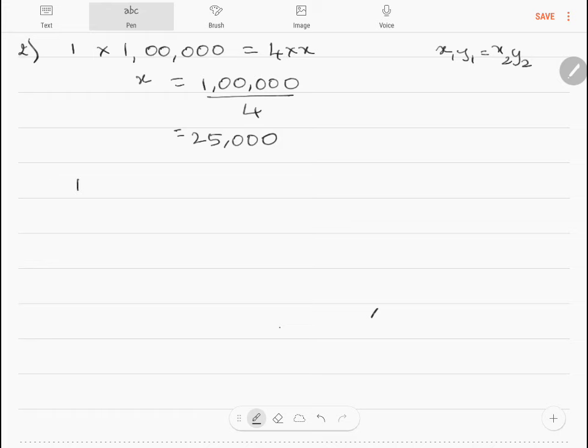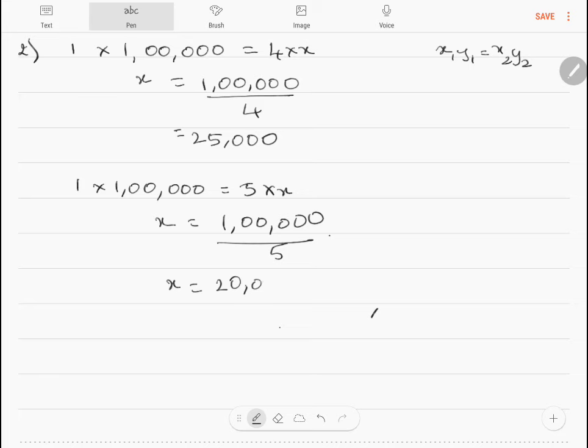Next column, the number of winners is 5. So 1 into 1 lakh, this is the whole amount for 5 members. It is x, so x is equal to 1 lakh divided by 5. So x is equal to 20,000.